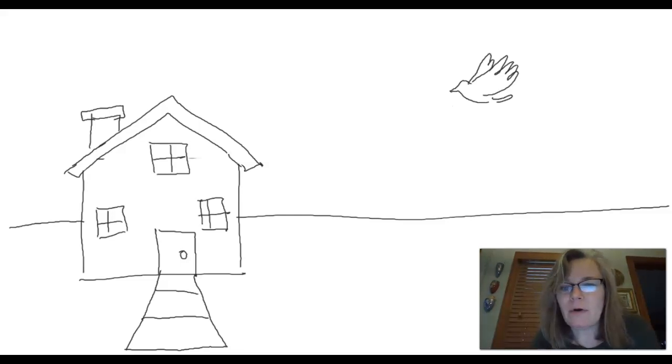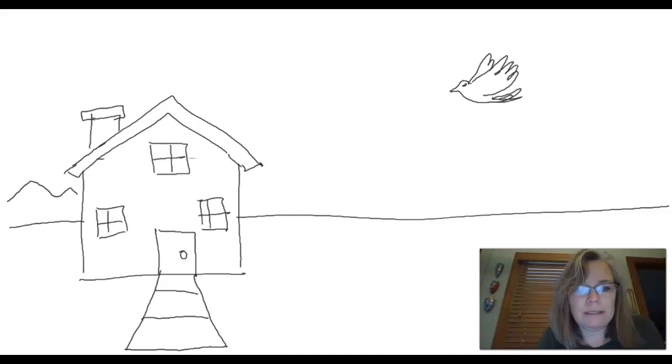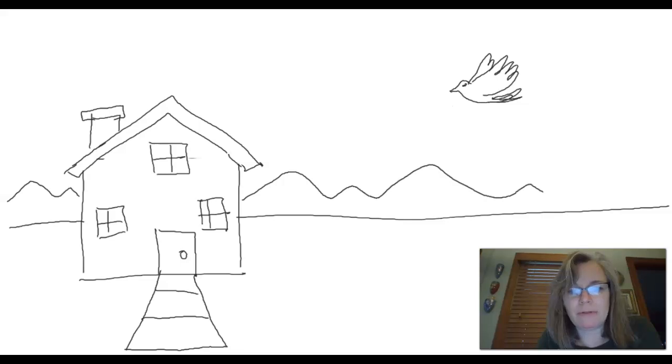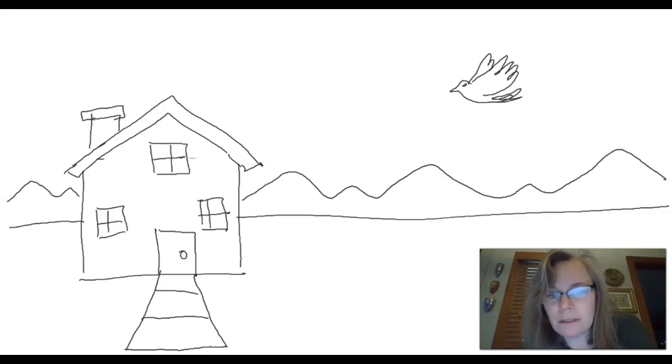Okay, so you need to keep in mind that if you want to put something far away that's on the land, it needs to be connected to the horizon line. Now, things that are really big in the distance might go above the horizon line. So let's say we have mountains in the distance. Those are so big, they reach up beyond the horizon line.